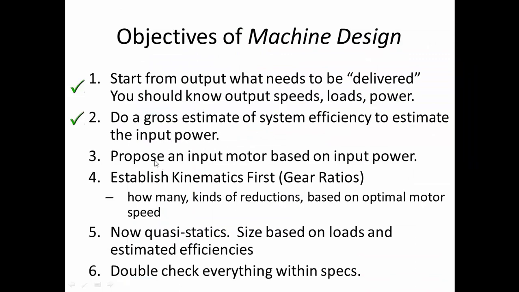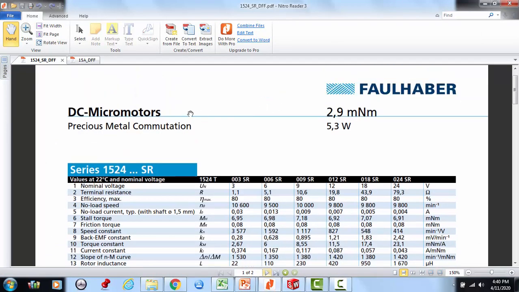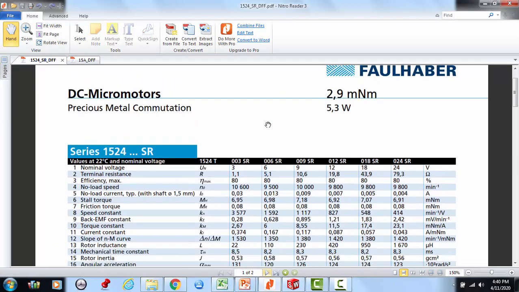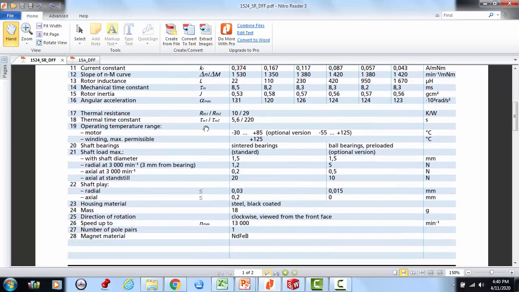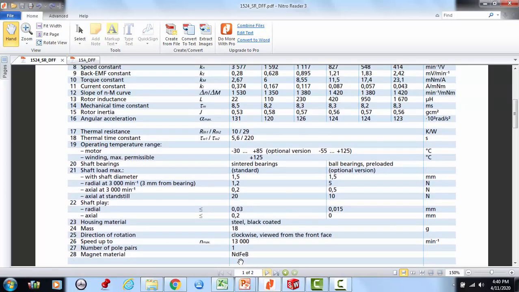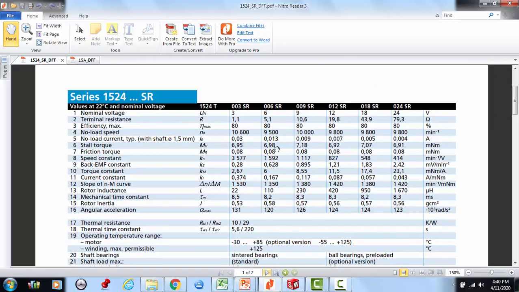The next thing I'm going to do is propose a motor based on that power, so I'm going to look at what my options are. The first thing I did was look at Micromo, which makes some very nice high performance brush type motors. The particular motor I started looking at uses neodymium iron boron, so very high performance. I really trust these. I started looking at the 6-volt version of the 15.